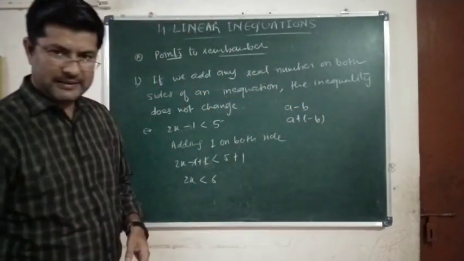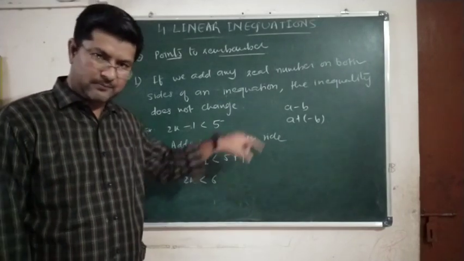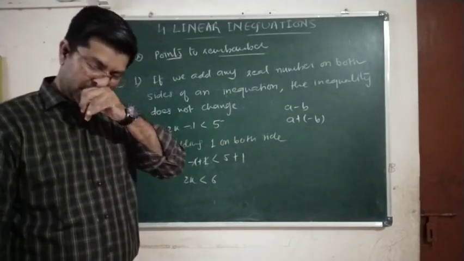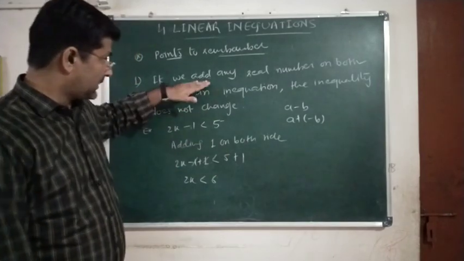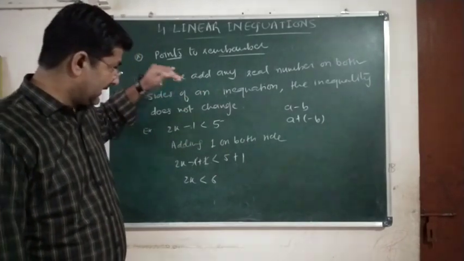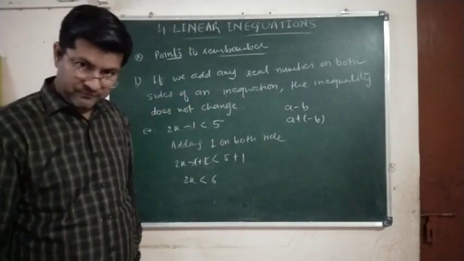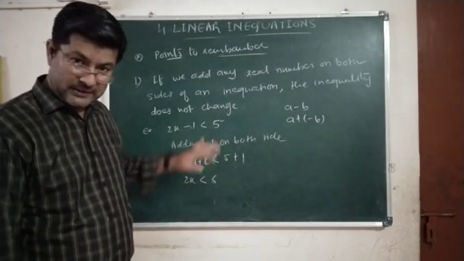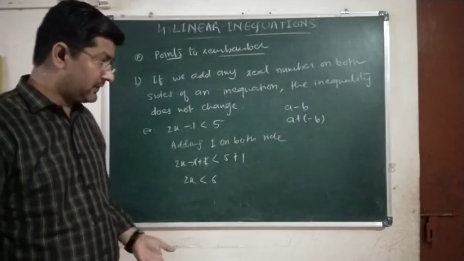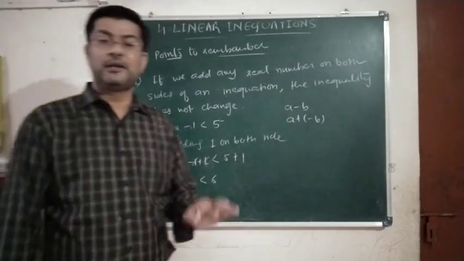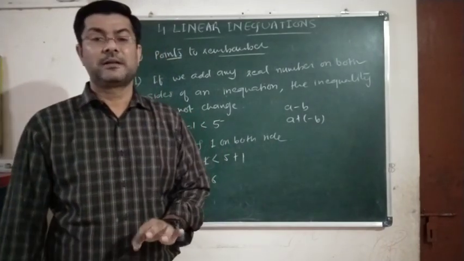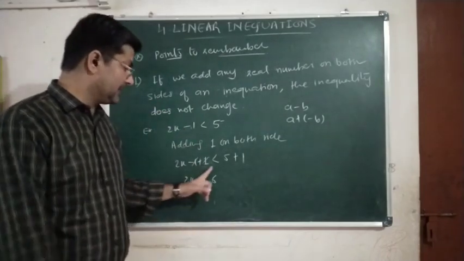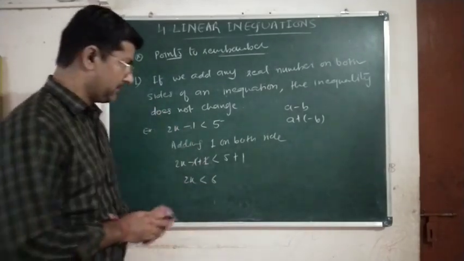So adding a negative number means subtracting that number from the given expression or number. Yes or no? So from this we can understand that if any number is subtracted from both the sides in a given inequation, again the inequality will not change. So adding or subtracting any number does not make any change in the inequality, you remember this. Clear?